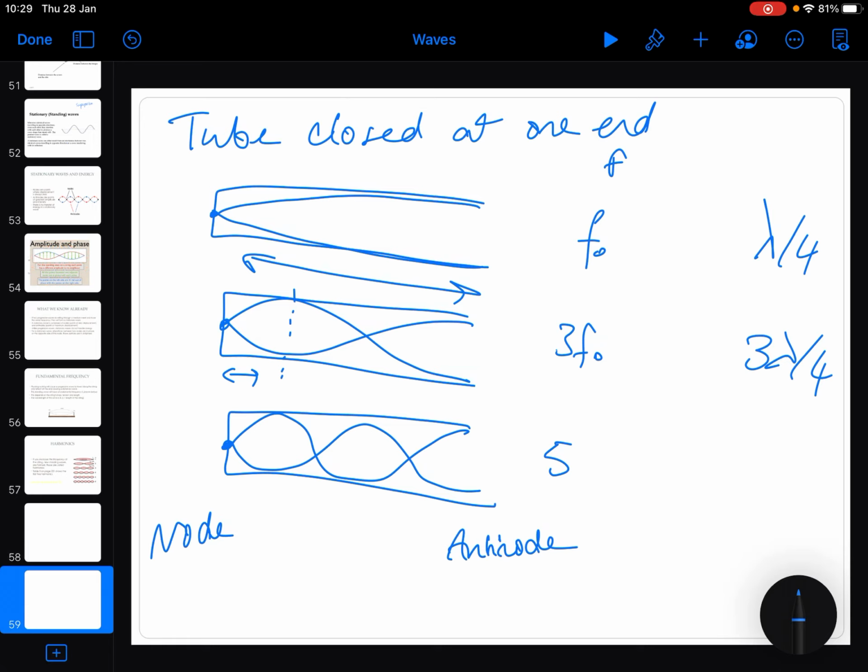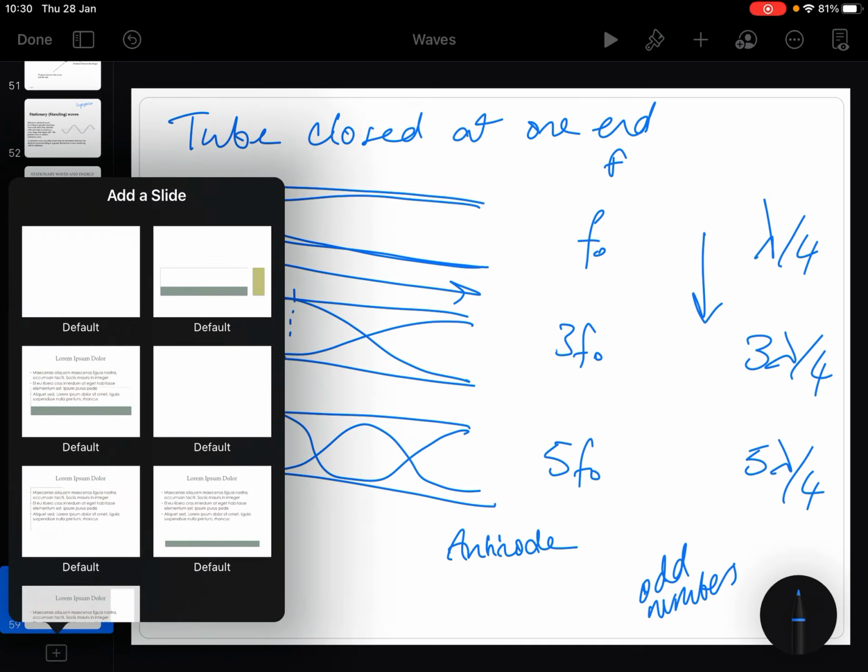In the next one, it's actually 5 times the fundamental frequency, and you've got 5/4 of a wavelength. And basically, notice the fact that here they go up in odd numbers. And again, you can figure all of this out. I just figured all of that out by looking at it, by knowing the fact that it had been node and antinode. But if you don't remember the node and the antinode, that's where it will really trip you up.